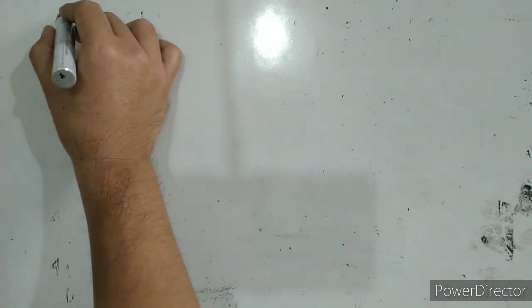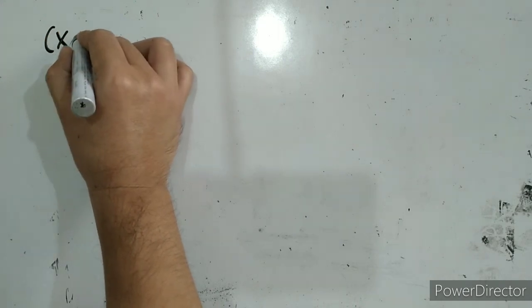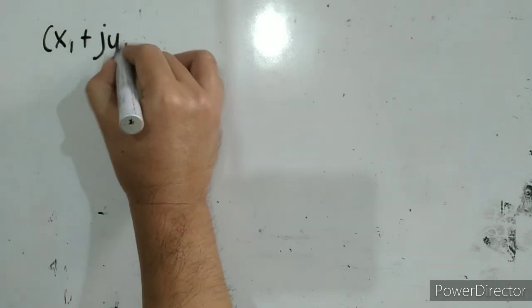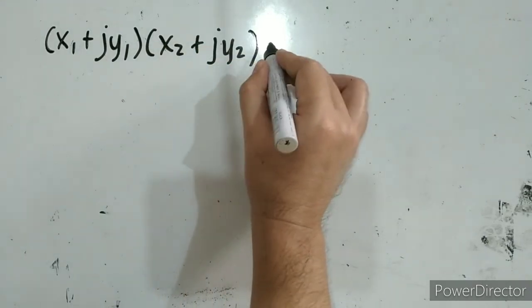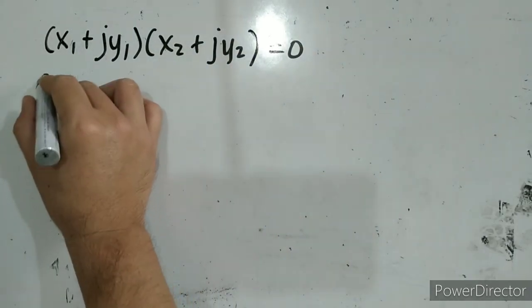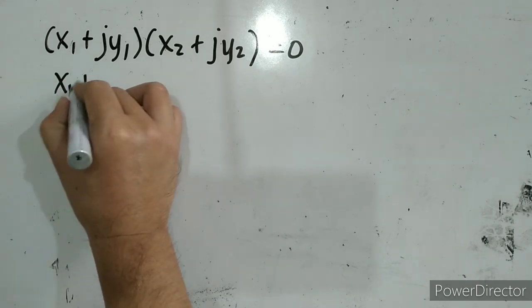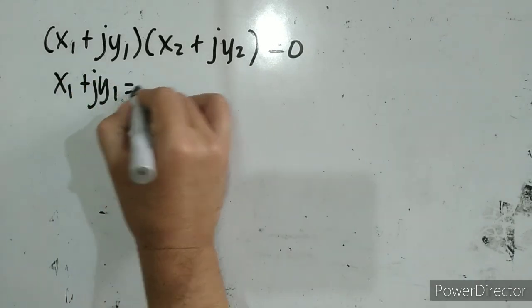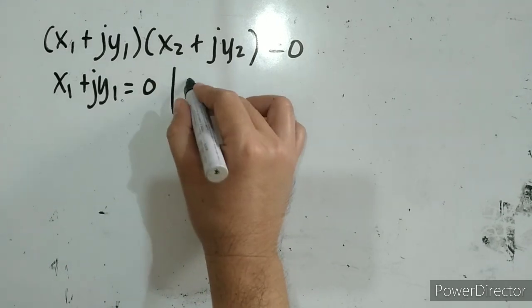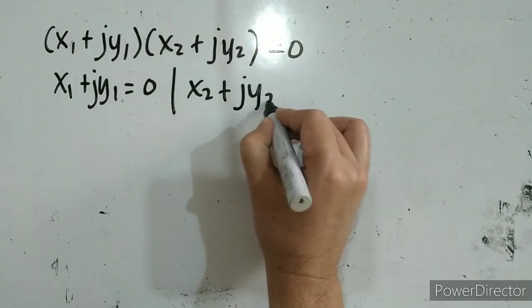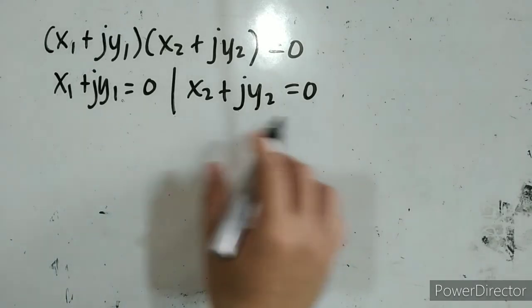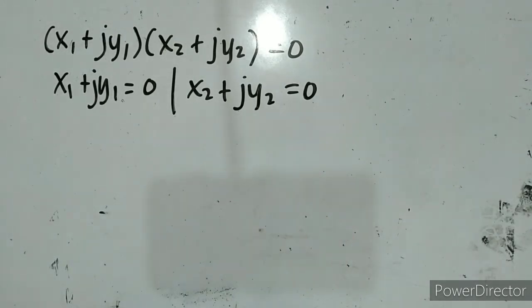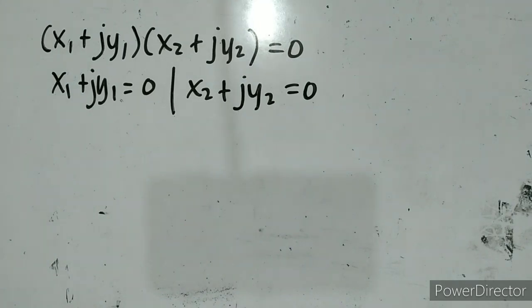So that is, if you have x sub 1 plus j y sub 1 times x sub 2 plus j y sub 2, if this is equal to 0, then either x sub 1 plus j y sub 1 is equal to 0, or x sub 2 plus j y sub 2 is equal to 0, or both. And so you can use this principle in order to solve the value of the x's and the y's.